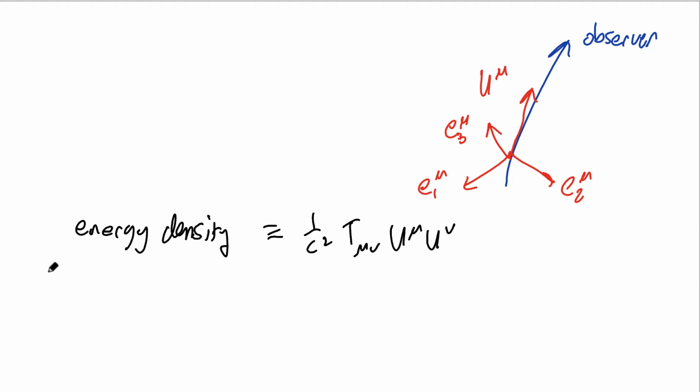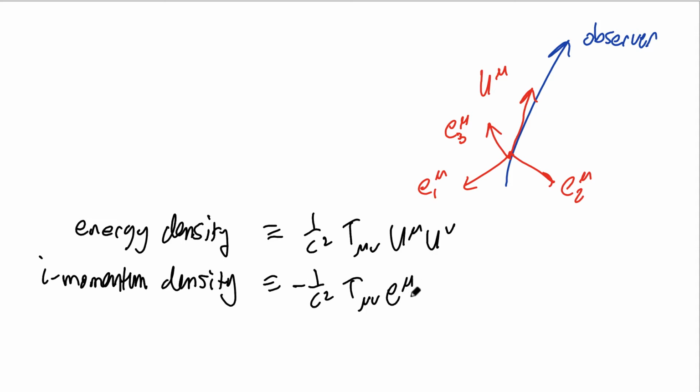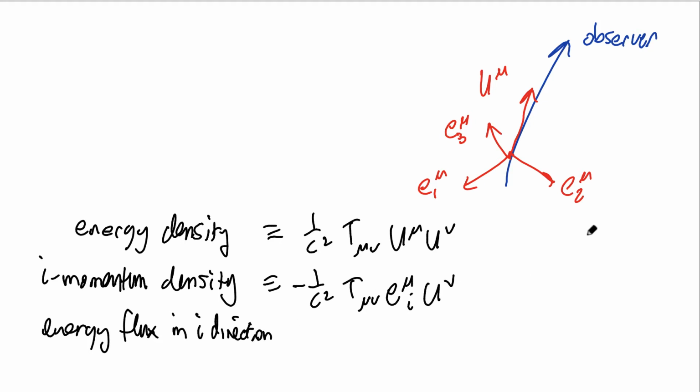The momentum density, or the density of the ith component of momentum, let's call that the i-momentum density, is minus 1 over c squared T mu nu e mu i u nu. The energy flux in the ith direction, the direction of the ith basis vector, is equal to minus T mu nu u mu e nu i.